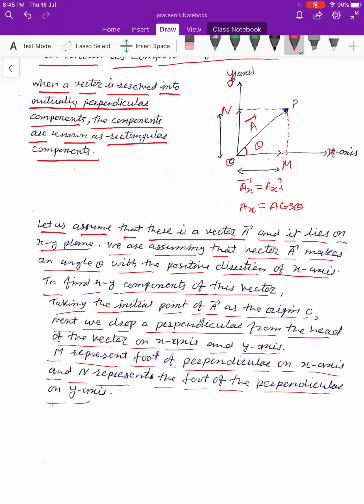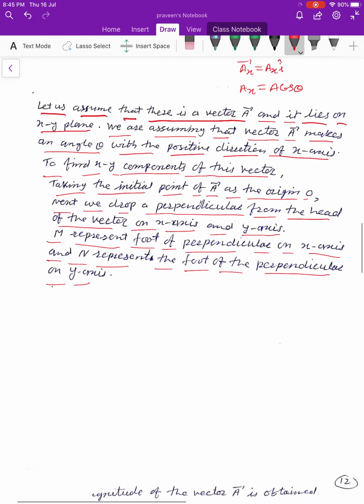The vertical or y component of a vector is A_y vector equal to A_y j cap. Here j cap is the unit vector along the y-axis. Or the vertical or y component of A is A_y equal to A sin theta. Clear?